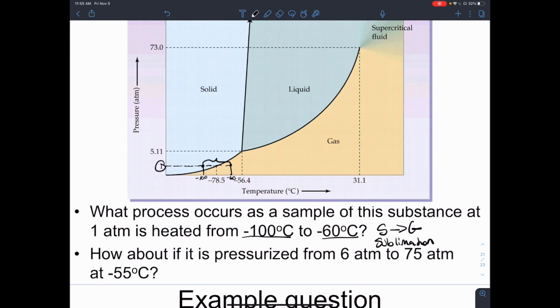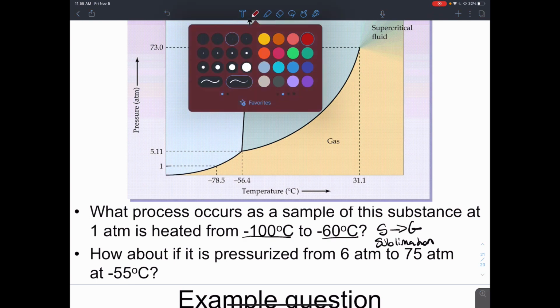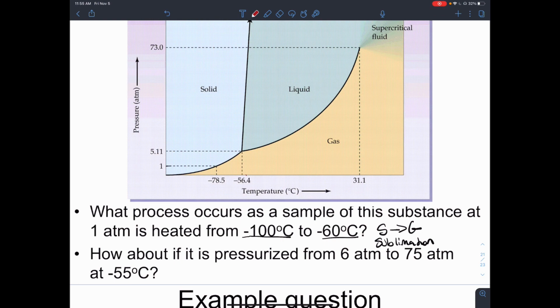How about if it's pressurized from 6 atmospheres to 75 at negative 55 degrees Celsius? All right, let's do this one. First, we'll find negative 55 degrees Celsius. So that would be right here, negative 55. And it's pressurized from 6, so that might be right here, to 75, and that might be right here.